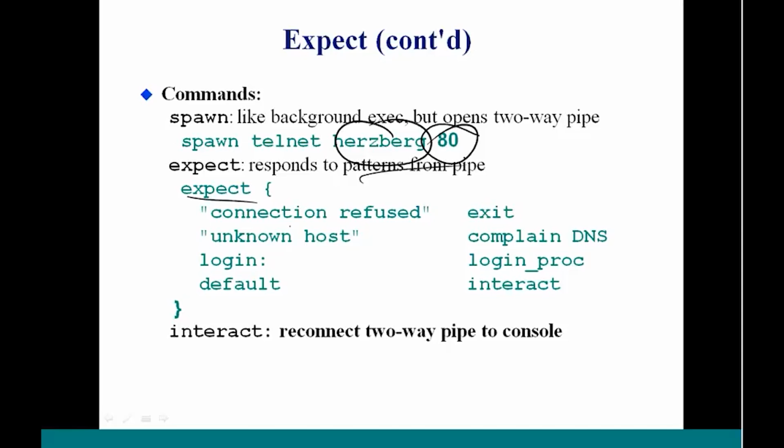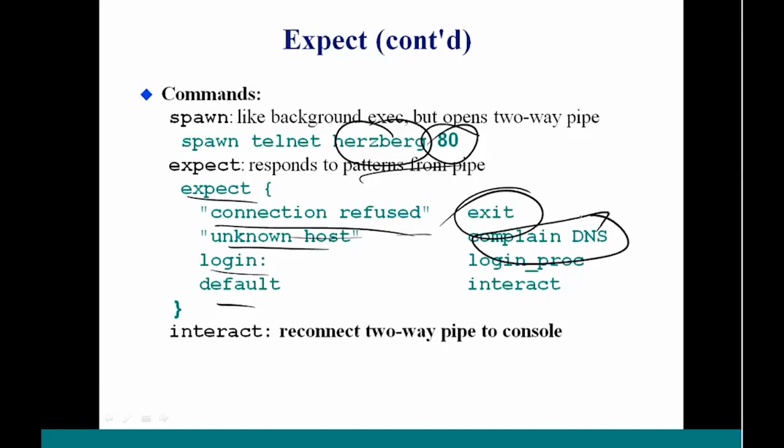For example, expect can say connection refused, unknown host, login, default. When connection refused, that means exit. Unknown host is the DNS complaint. Then we have the login procedure. Reconnect the two-way pipe to the console.